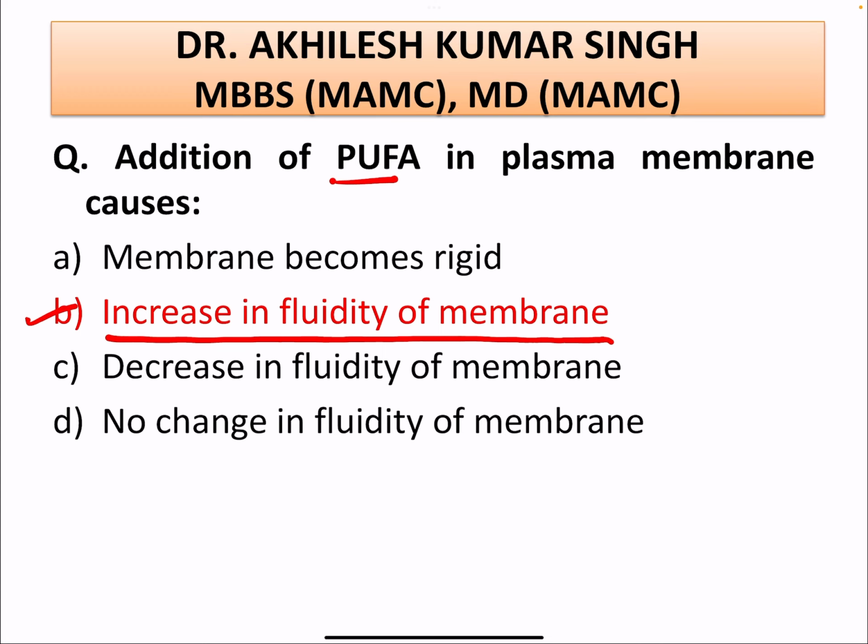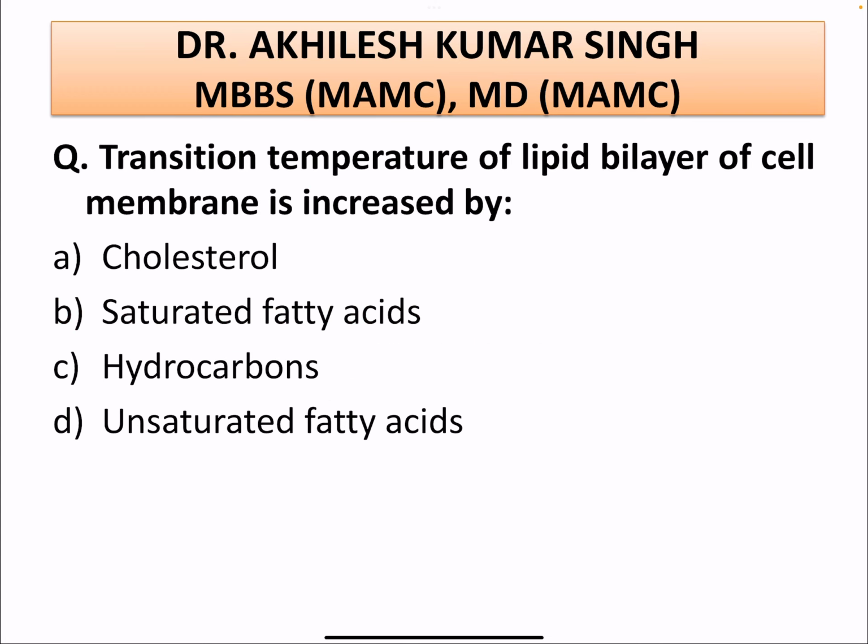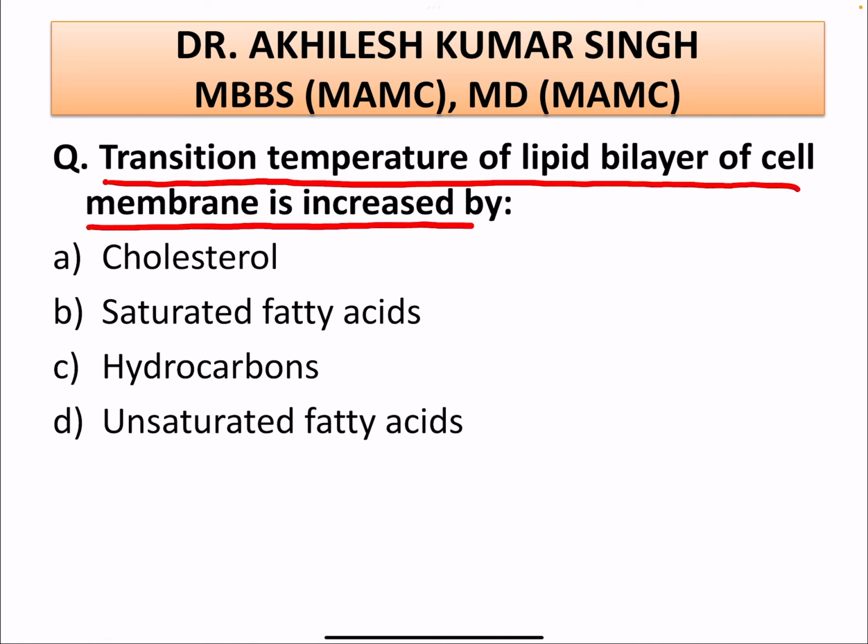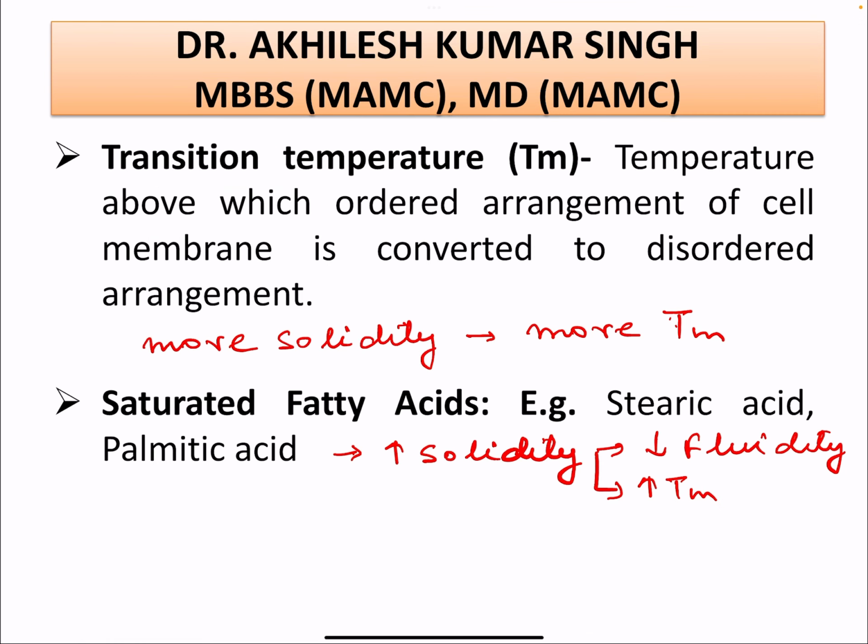Now let us look at another question. The transition temperature of the lipid bilayer of the cell membrane is increased by which? Here you have to remember what is meant by the transition temperature of the cell membrane, whose short form is Tm.